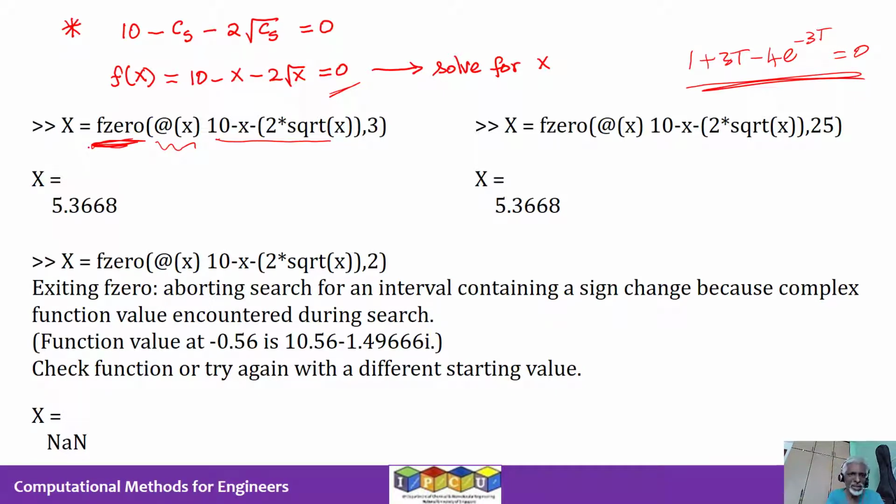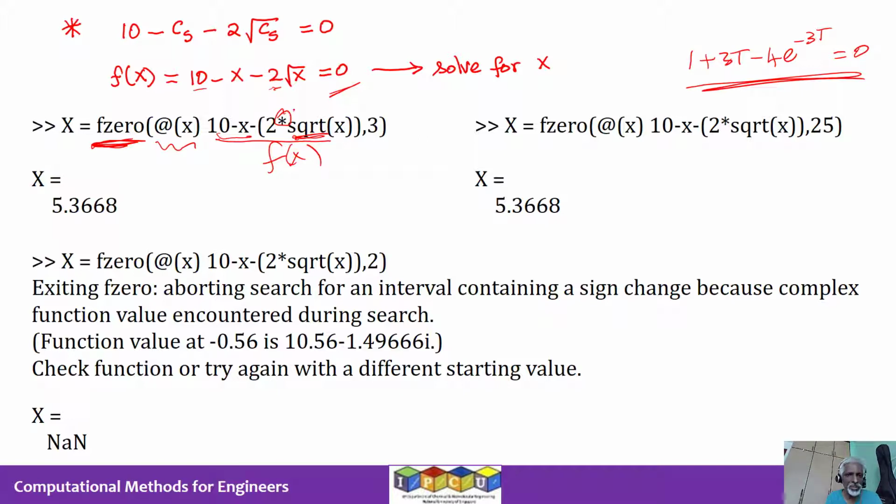In any case, at x, then I'm going to type out the function. This is the function f of x. As you can see, 10 minus x minus 2 times square root; sqrt is the function for square root in Matlab. So square root of x.